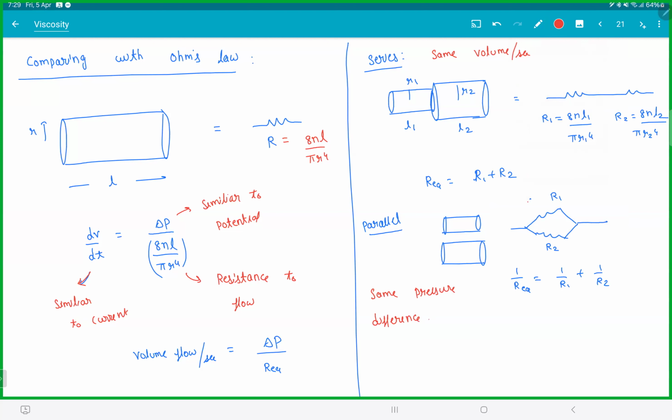Please check. Clear? Now we can also use this for the Wheatstone bridge.